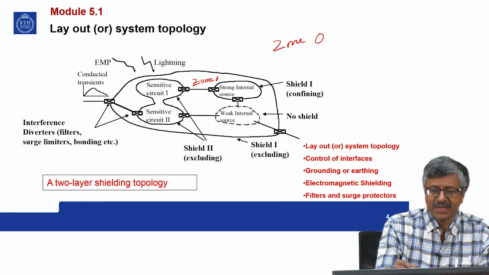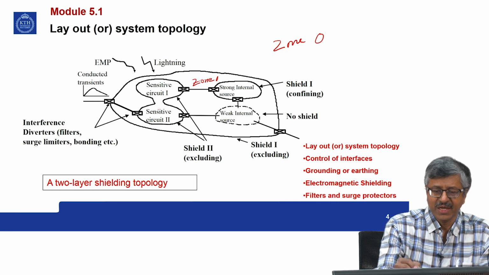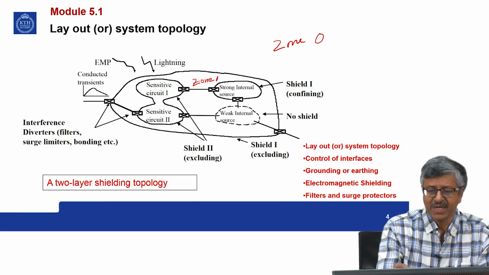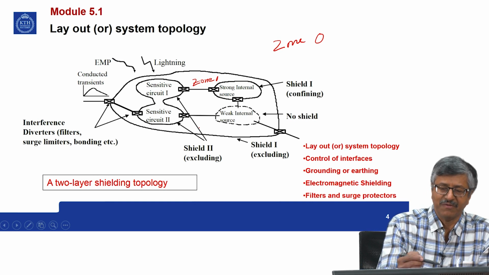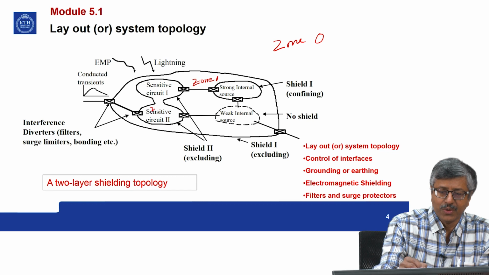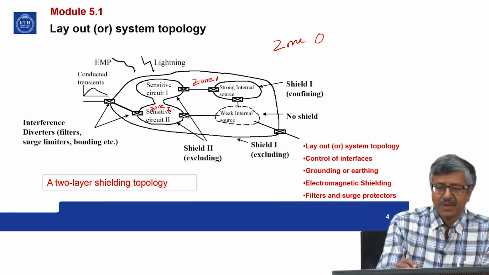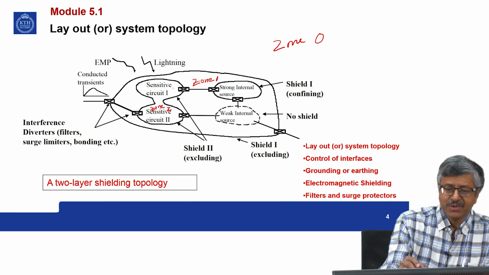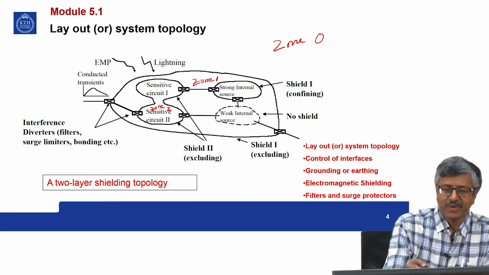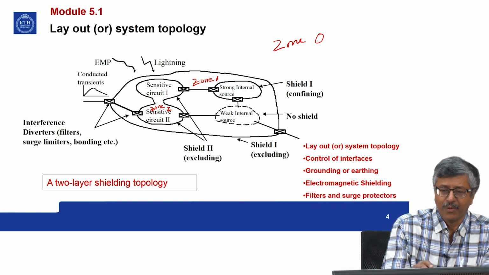Then after that, you have another shield, shield 2. So these two shields are for excluding the harsh environment. So here it will be, let us say, zone 2. So by the time it comes to sensitive circuits, it would have reduced to a very low value.